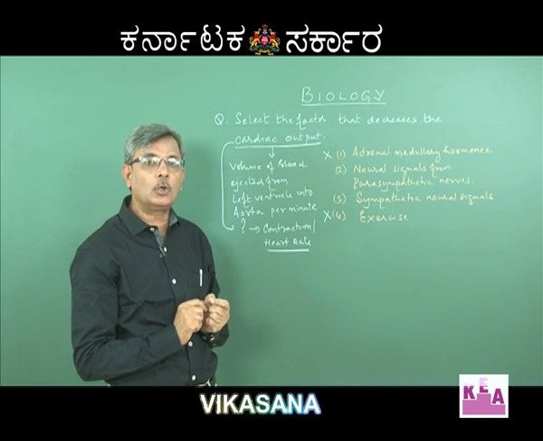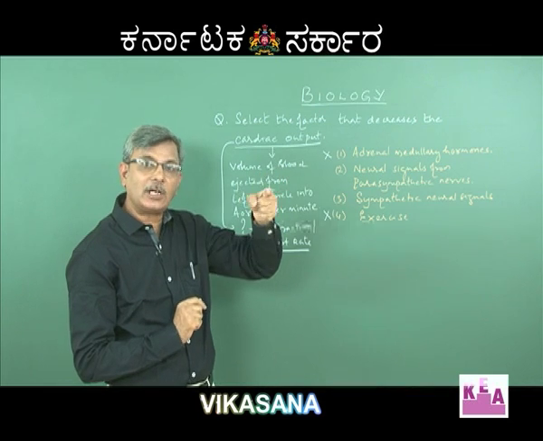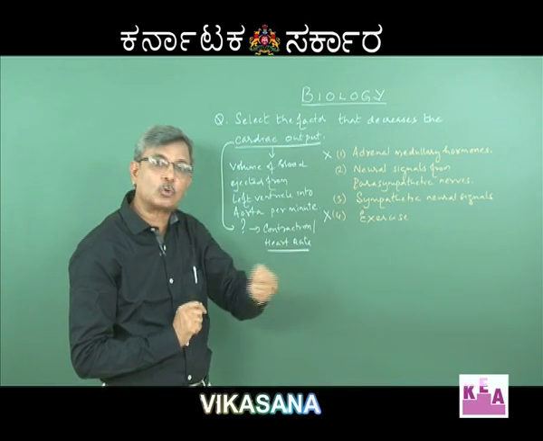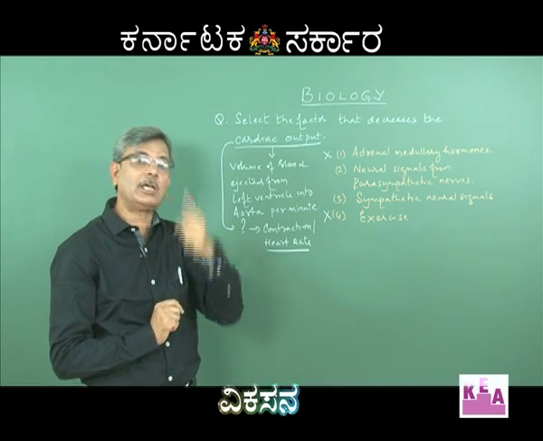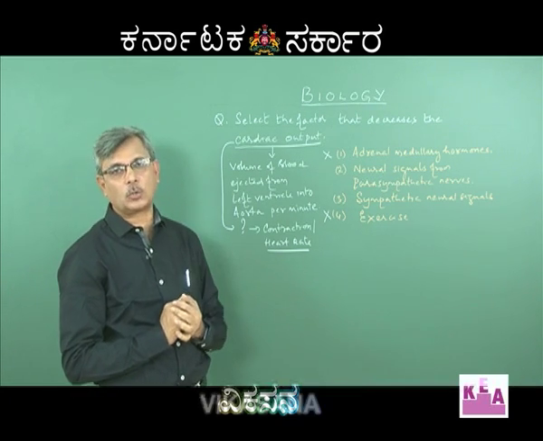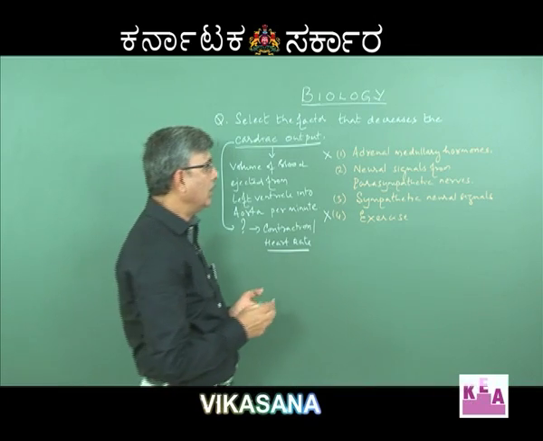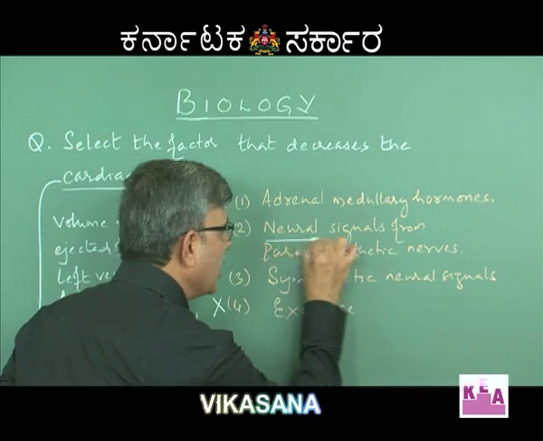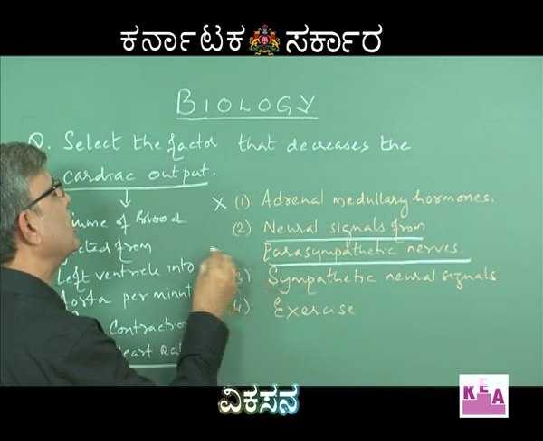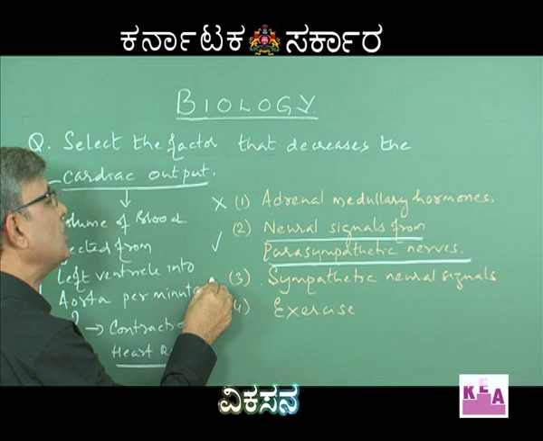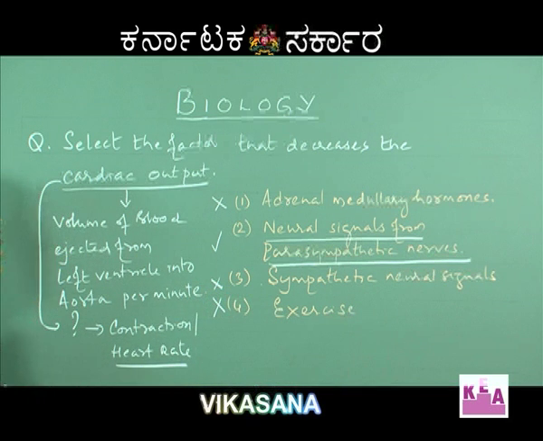Whereas the sympathetic neural pathway from the acceleratory center of the medulla oblongata passes through the spinal cord, and then comes out with the spinal nerve. That increases the heart rate to increase the cardiac output. So the answer is neural signals from parasympathetic nerves. This is the one which is going to decrease the heart rate. This is going to increase the heart rate. So even this is not the answer. So remember, option 2 is the correct answer.